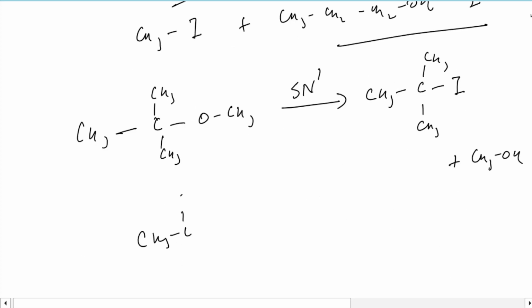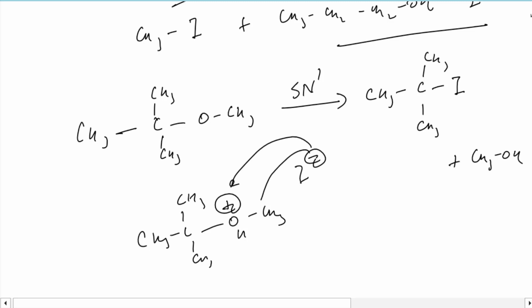See, CH3C(CH3)2 and O+HCH3, this is the oxonium ion formed here. Now I negative can attack either there or here. If this bond breaks, then a stable carbocation is formed. So easily this bond will get broken and I negative will attack there. Not here, because the reaction will proceed by SN1.